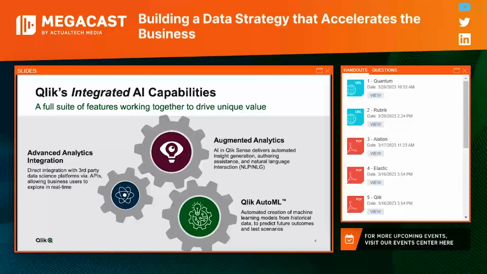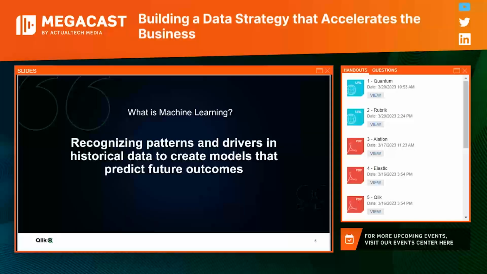So the next question here is, what is machine learning? Machine learning, put simply, is a branch of AI in which you can recognize patterns and drivers in historical data to build models that can then predict future outcomes. And Auto ML is the process of automating this process.